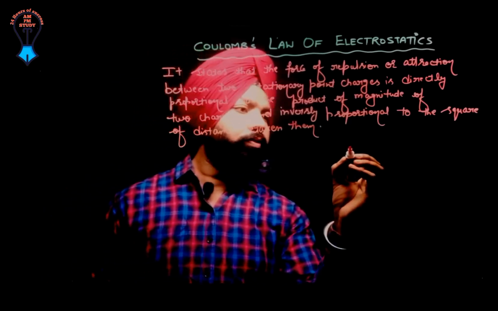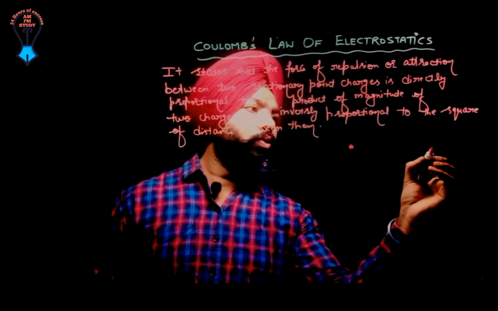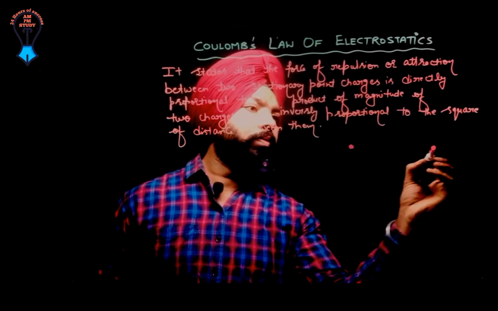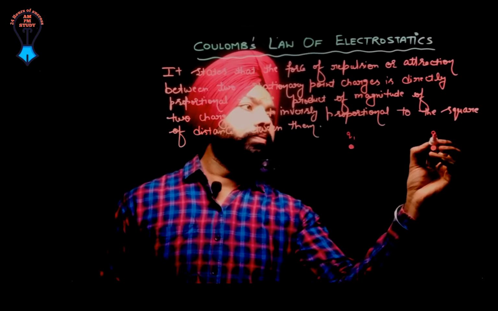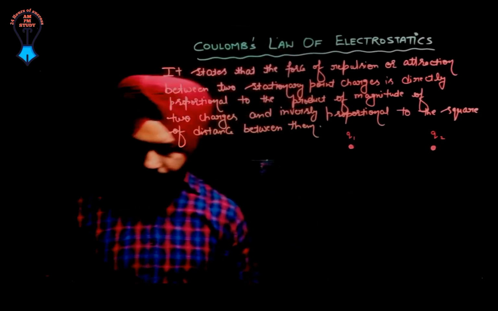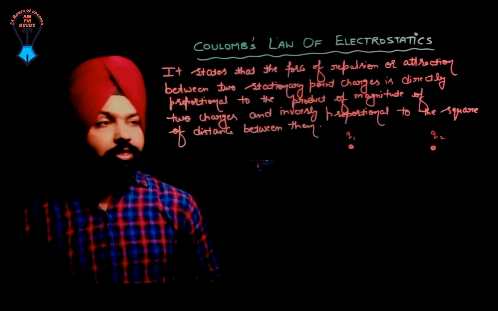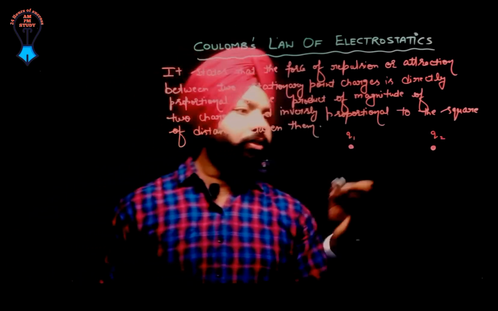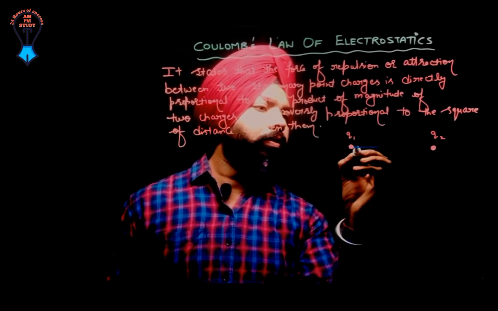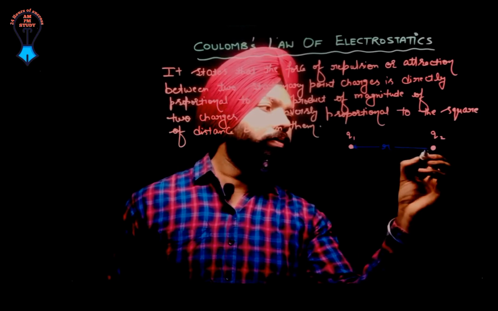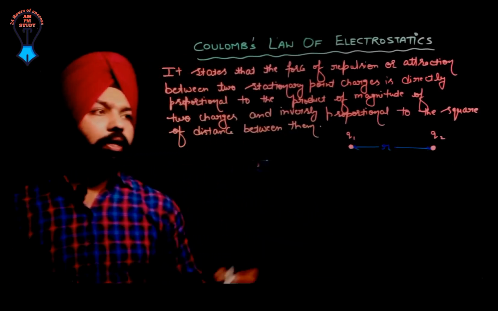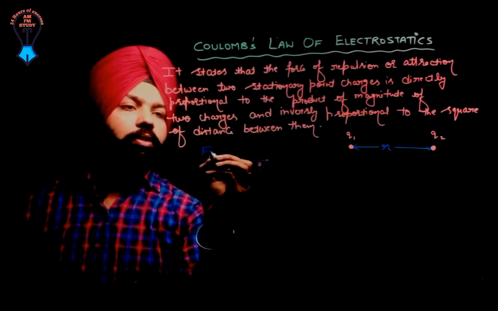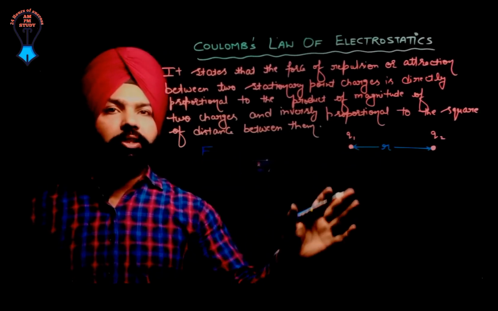Suppose we have two charges having magnitude q1, q2, and the distance between these two charges is r. So according to Coulomb's law of electrostatics, force of attraction or repulsion.